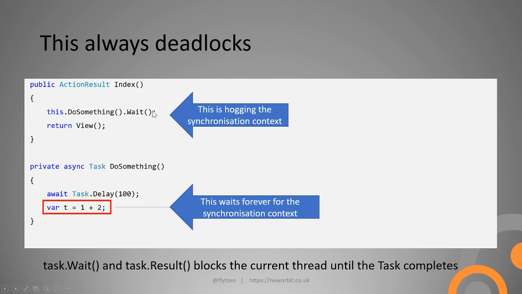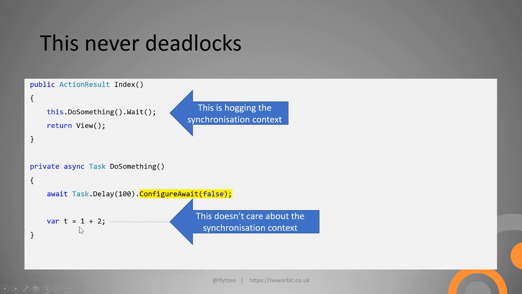So the request state, if you like, simplifying it slightly, is locked by this wait statement here, and this callback here can't run because in ASP.NET, the old version, it requires that lock to avoid multiple callbacks running in parallel, and that's to avoid your code being multi-threaded when you wouldn't expect it to be. So this will always deadlock.